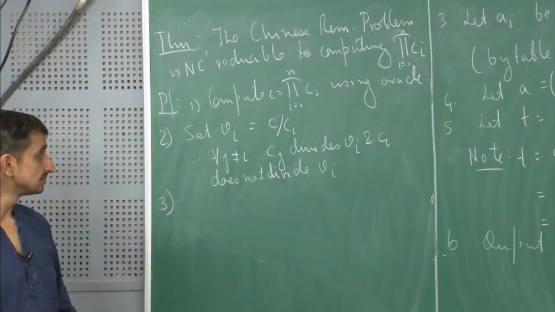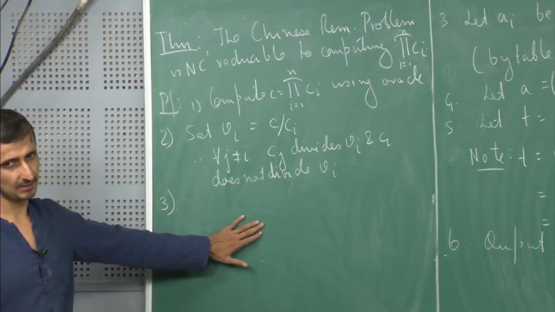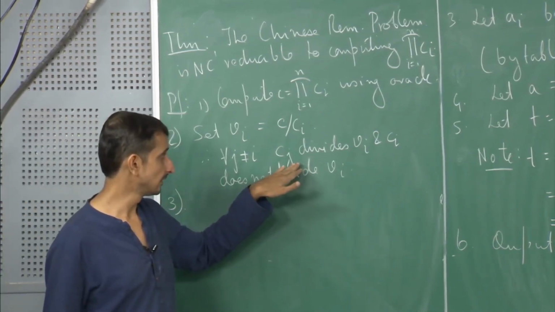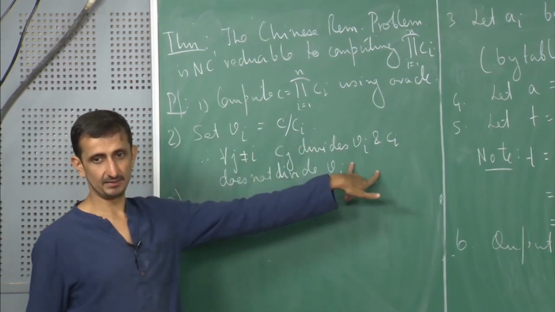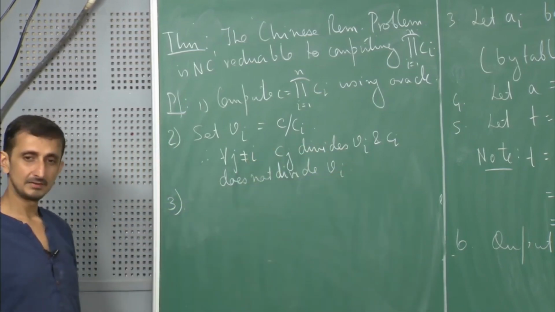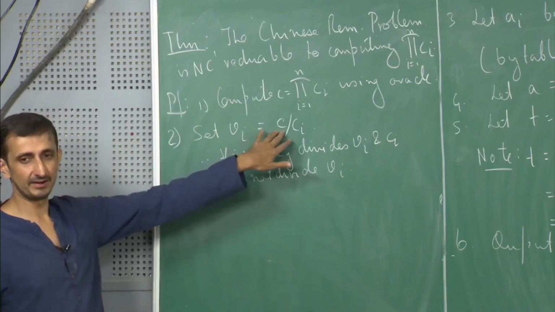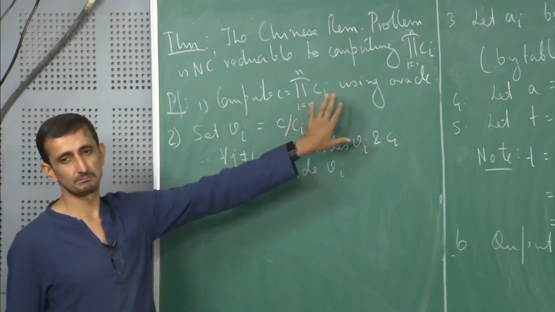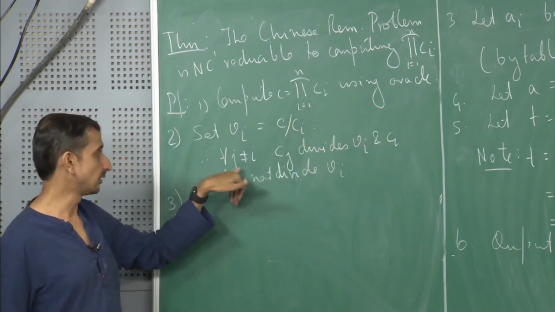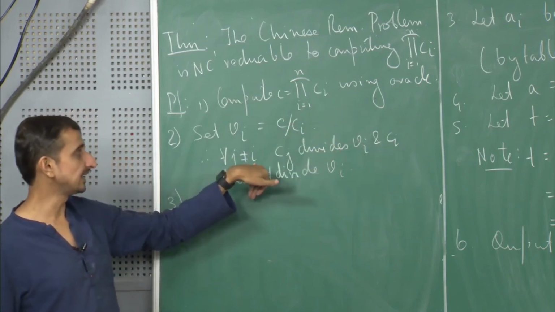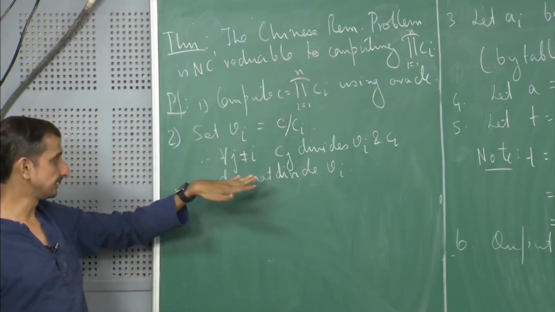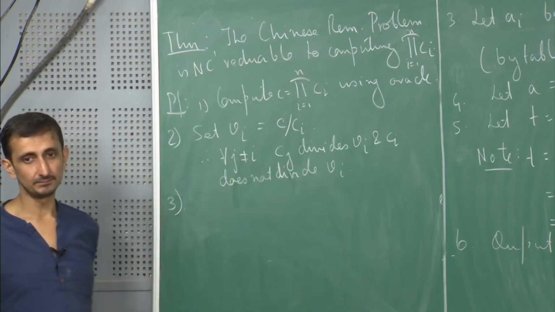Cj divides Vi because that is how it is defined, right? C is the product of all the Ci's, so if I take j to be anything other than i, it must divide.